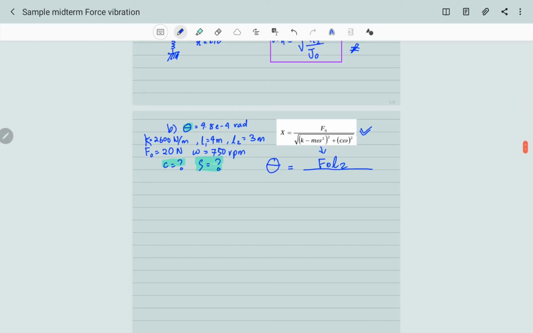Then you have your K. All these values, the K, the M, the C, should be equivalent values. It's not the actual K or C value, it's the equivalent values.